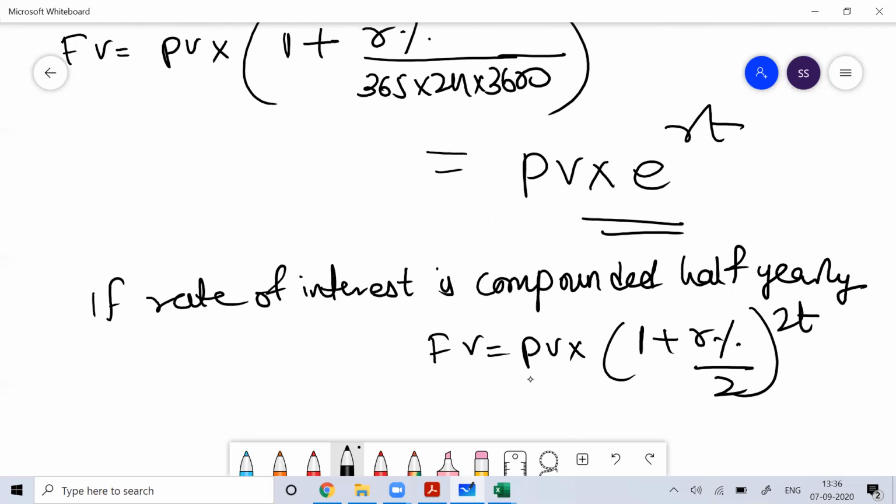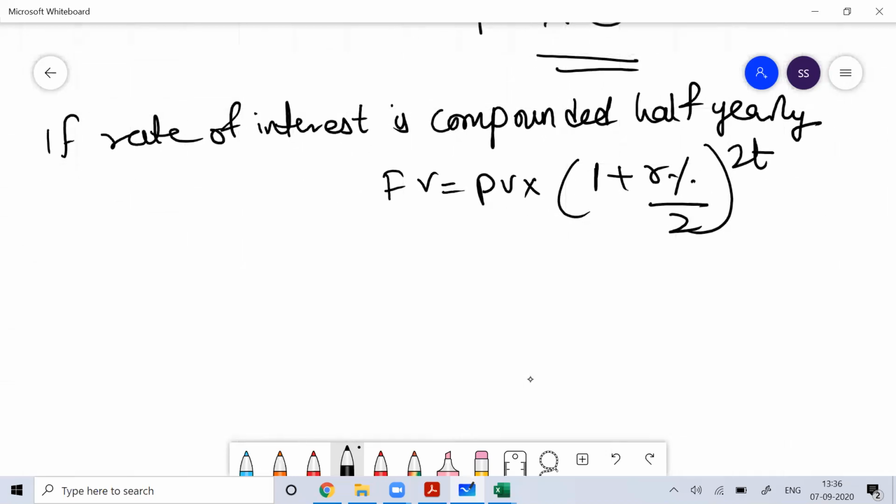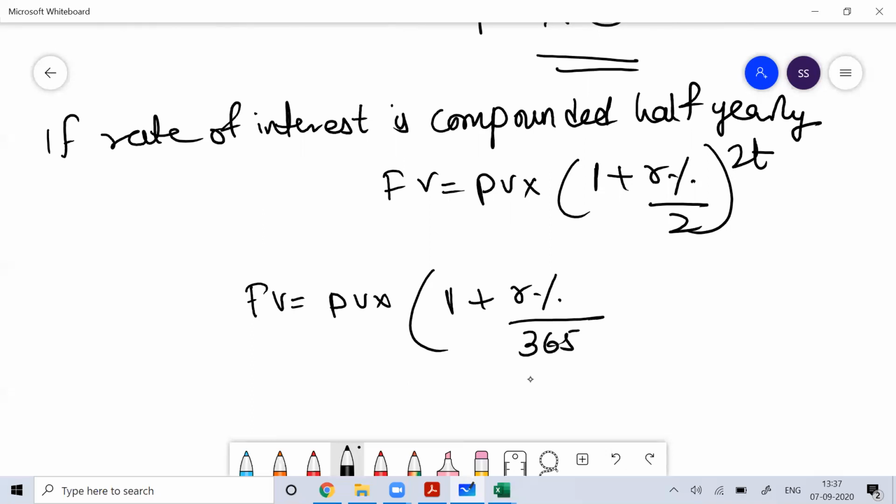Now you understand, in India the bank calculates interest every day. So if the interest is calculated every day, then future value is equal to present value into 1 plus r percent divided by 365 to the power 365t. This is the logic on which we do our calculation, and the same logic we use for derivative instruments.